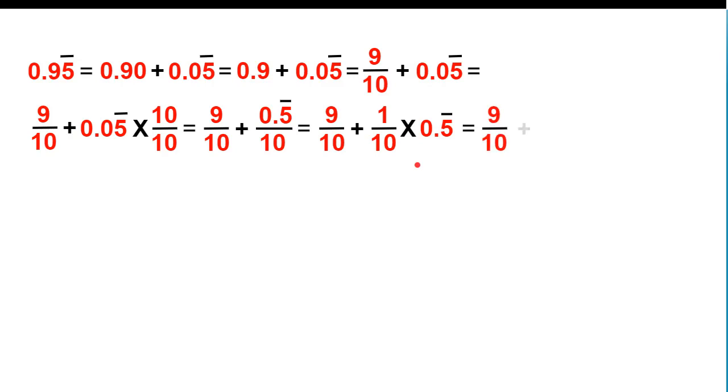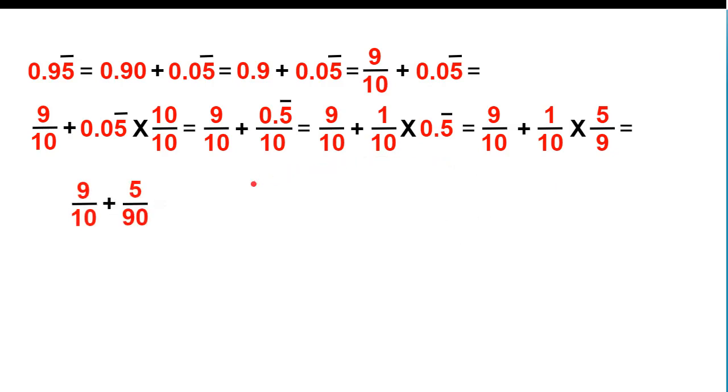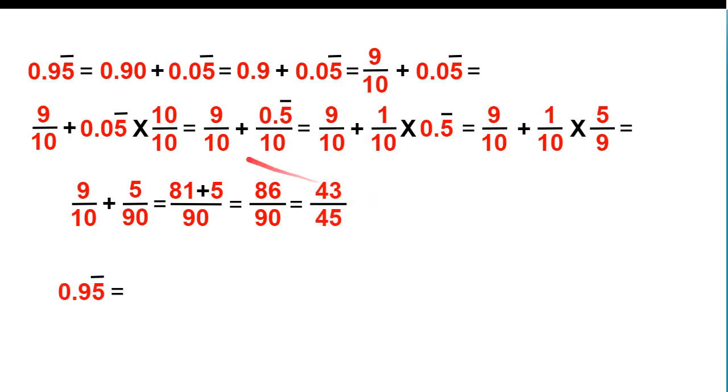And we get 9 over 10 plus 1 over 10 times, and we use the trick again, 0.5 recurring is actually 5 over 9. And we get eventually 86 over 90. We divide them both by 2, and we get 43 over 45. So 0.95 recurring is 43 over 45.